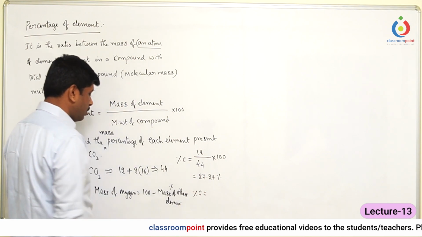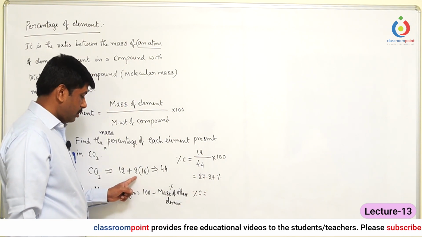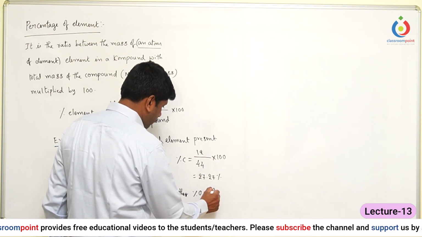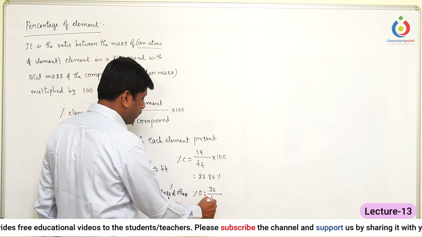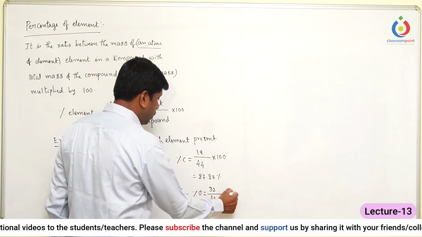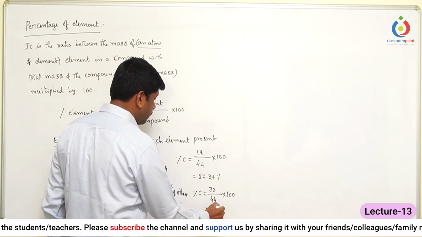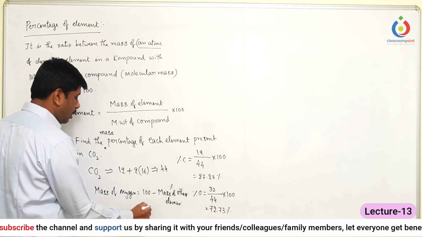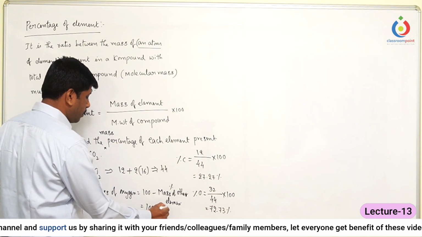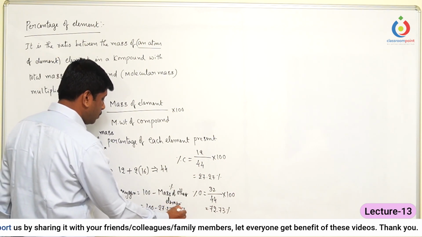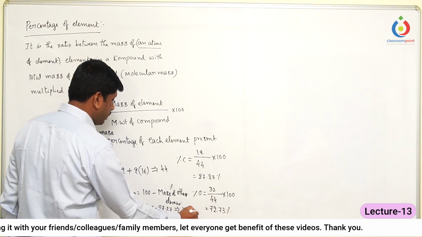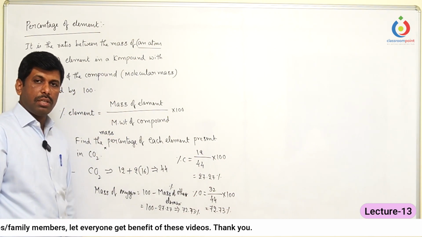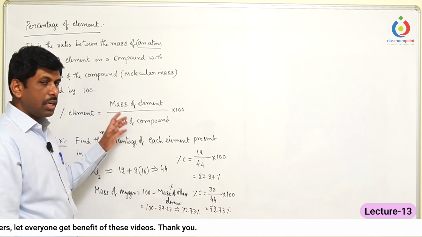Percentage of oxygen equals mass of oxygen, 2 into 16 means 32 grams, divided by total molecular mass of the compound 44, into 100. So this is equal to 72.73%. Or using the other formula, 100 minus 27.27% is also equal to 72.73%. So like this we can calculate the percentage of the element in a given compound.